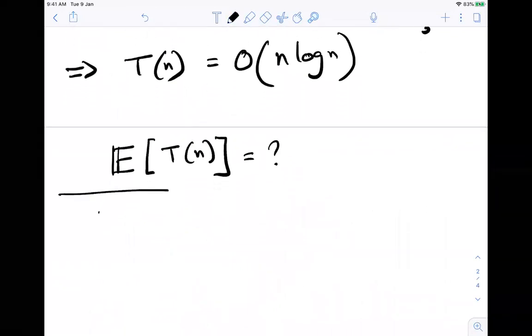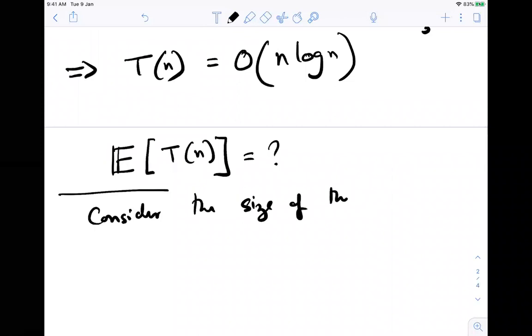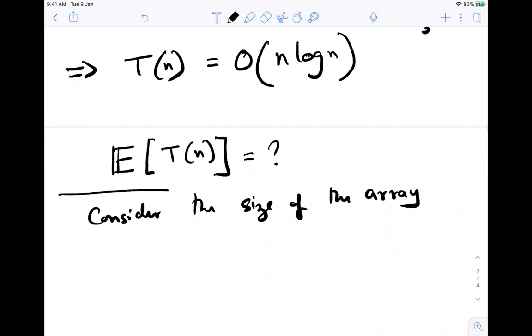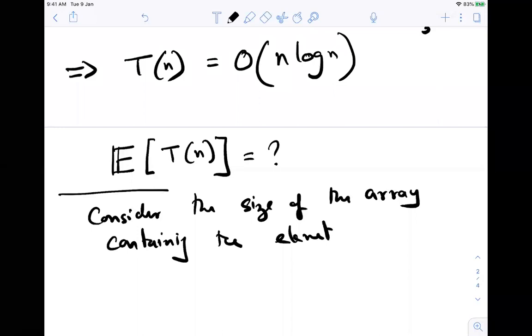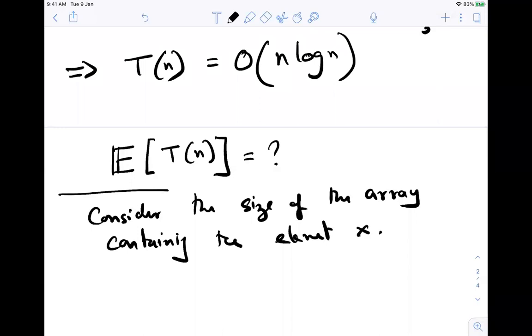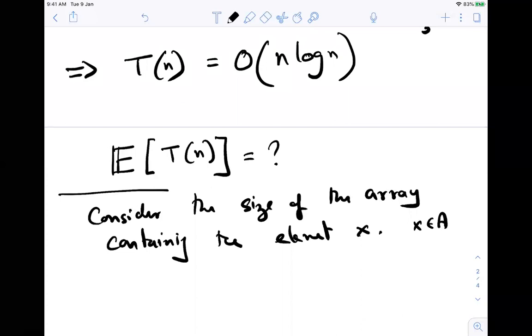Let's consider the size of the array containing the element, I don't know, x. So x is some element in the array. I don't know what it is, but I'm looking at the size of the array that contains the element x.